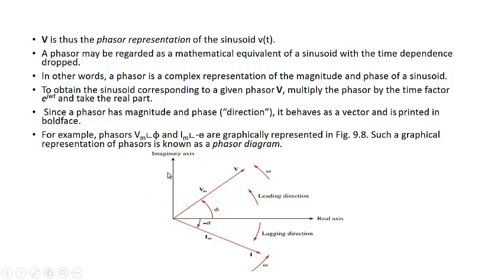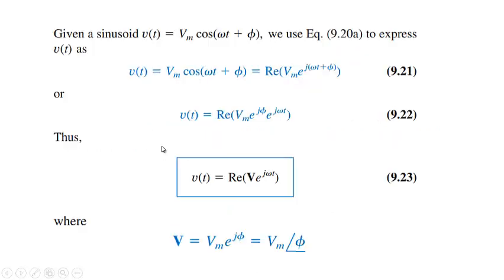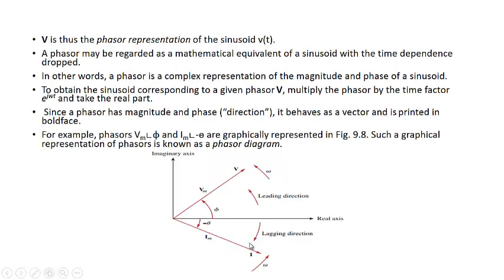So Vm angle of phi will be like this, because when you use the rectangular form of this complex number, Vm angle of phi is Vm e raised to the power j phi, which equals Vm cos of phi plus j sine of phi, or Vm cos of phi plus j Vm sine of phi. So you can see from here, Vm cos of phi will be on the real axis, and Vm sine of phi will be on this axis, and total Vm will be the phasor sum of this, or we can say the vector sum of this for the time being.